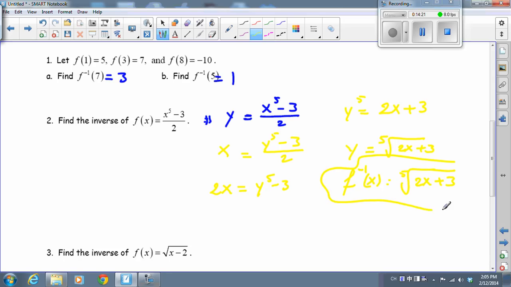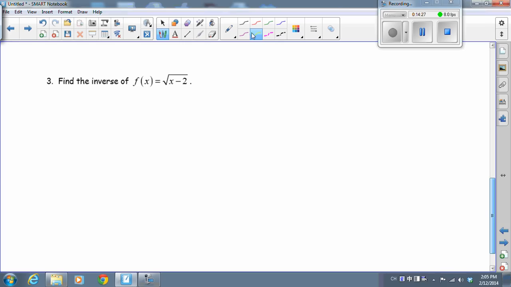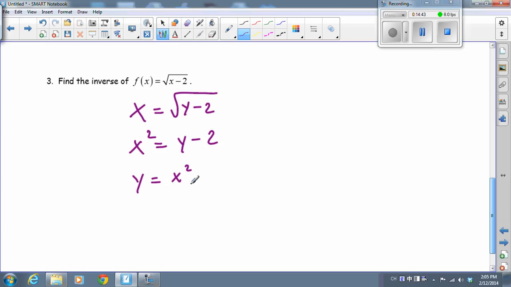You learned this a while ago. All you have to do is switch your x and y and you can find the inverse function. Find the inverse function of f of x. Once again, I will switch it to x equals square root of y minus 2. And I will square both sides to get x squared is equal to y minus 2. And I add 2 to both sides to get y is equal to x squared plus 2.